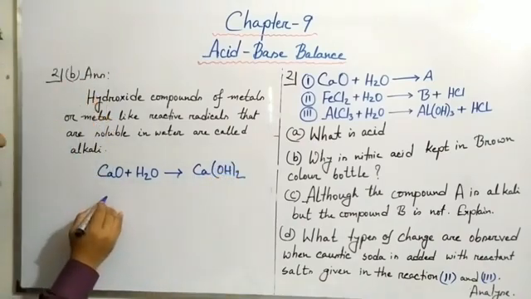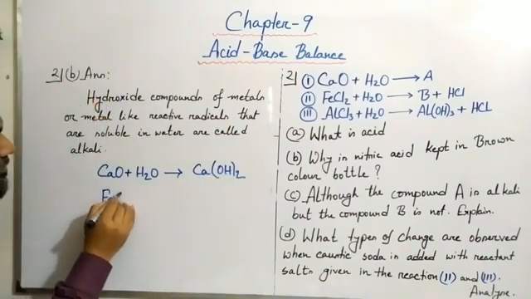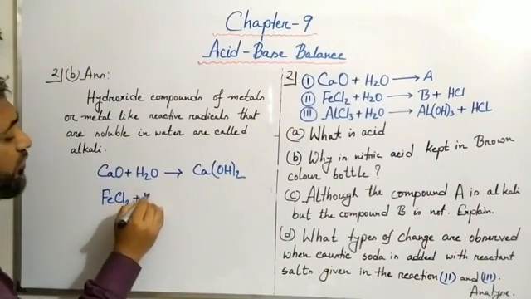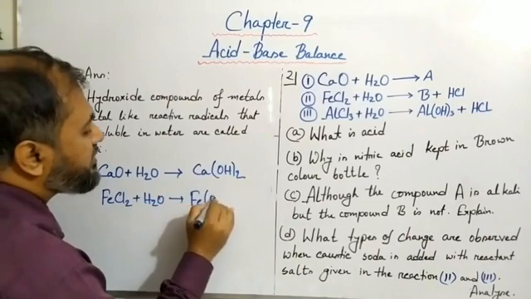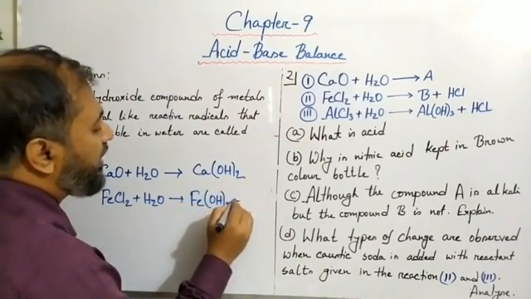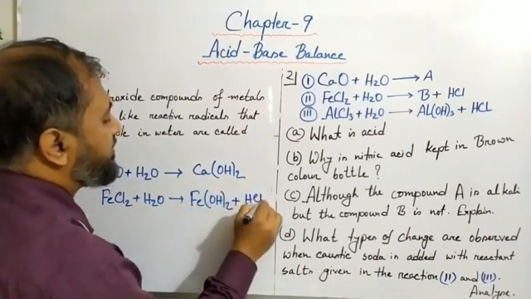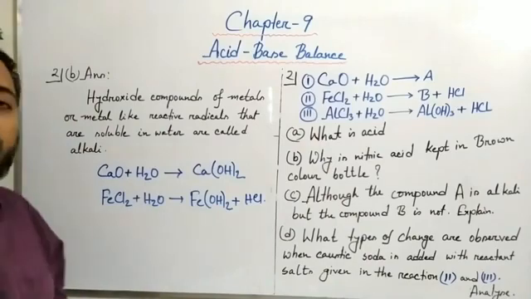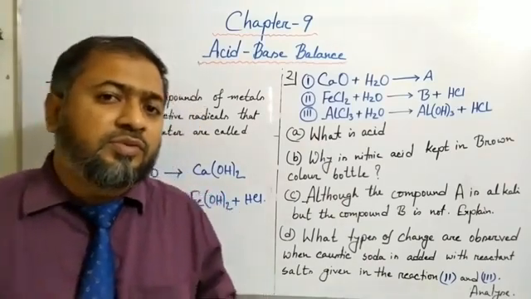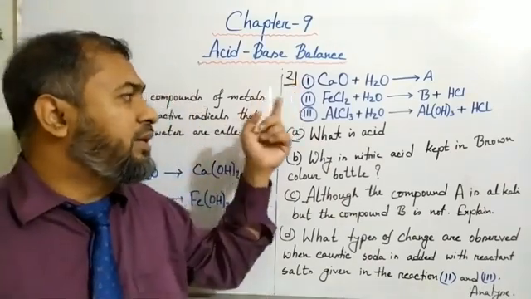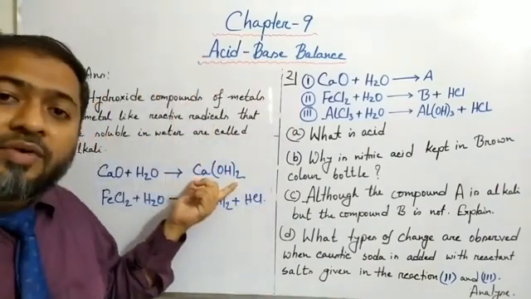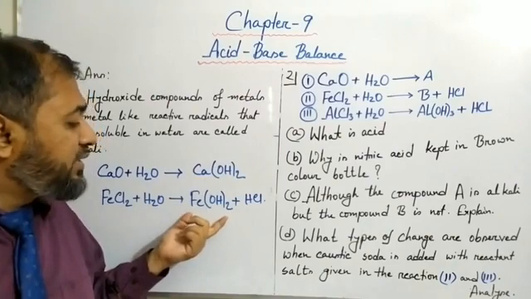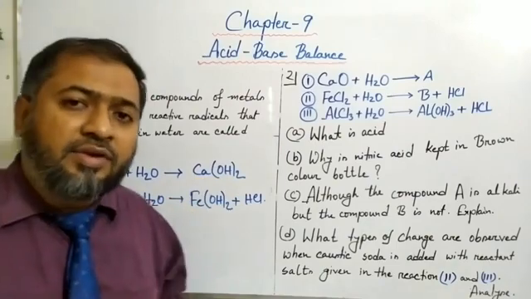And in the second case, when ferrous chloride reacts with water, it will produce ferrous hydroxide plus hydrochloric acid. So we can see the two compounds formed in reactions 1 and 2: calcium hydroxide in the first case and ferrous hydroxide in the second.